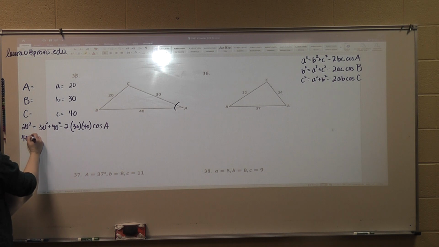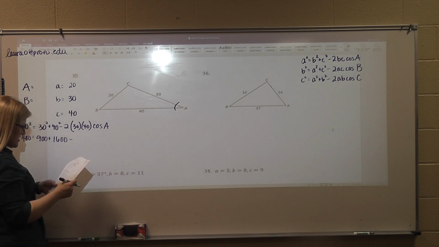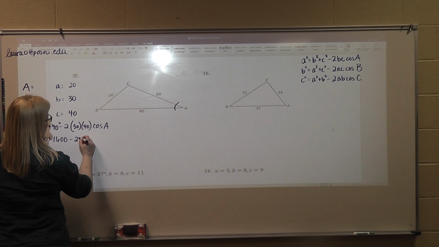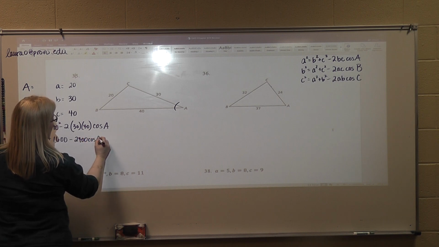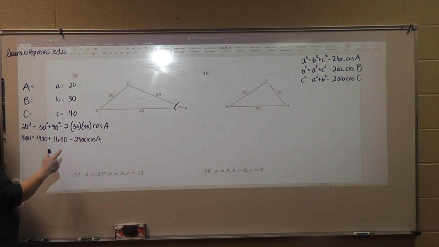So I've got 400 equals 900 plus 1600 minus 2400 times cosine A. Now remember that 2400 and cosine A are stuck together, so you can't subtract this.